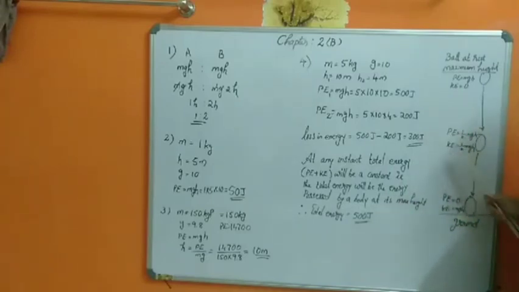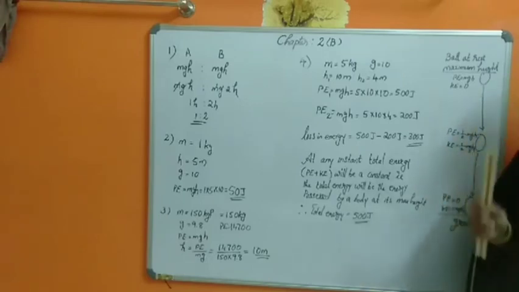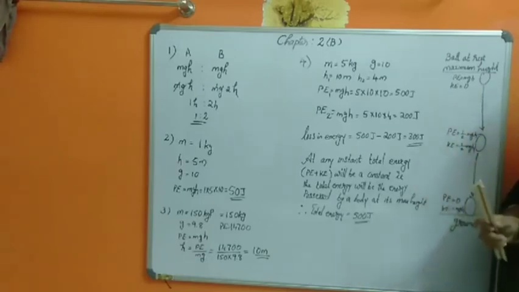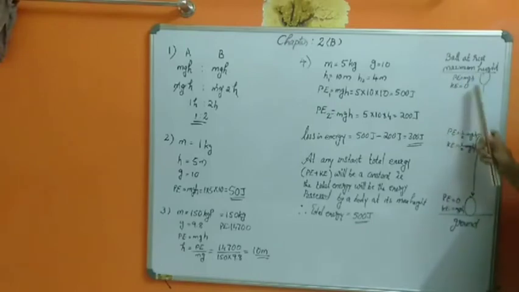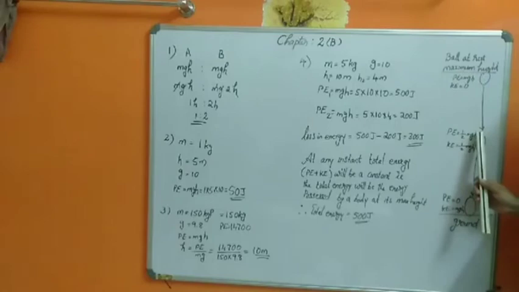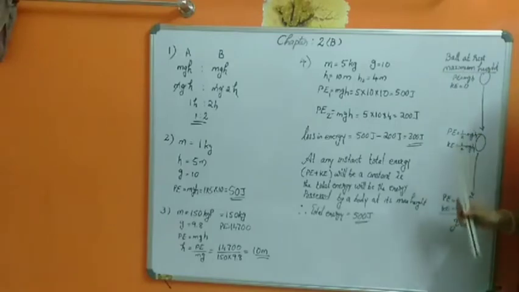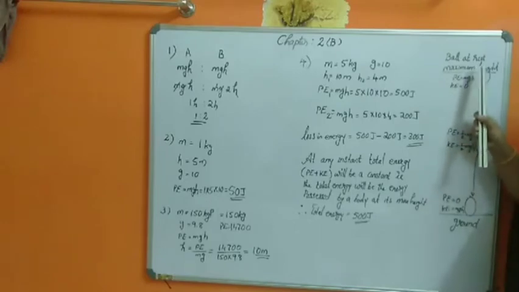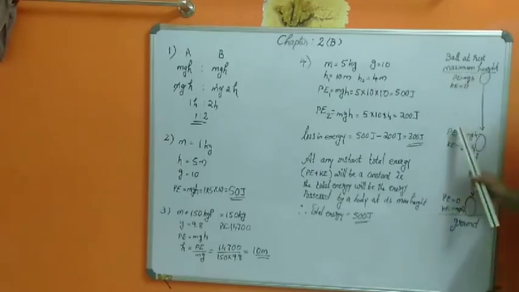So when you add half mgh plus half mgh, half plus half you will get 1, that is mgh. Here also when you add mgh plus 0, you will get mgh. That is a constant. Total energy is mgh.